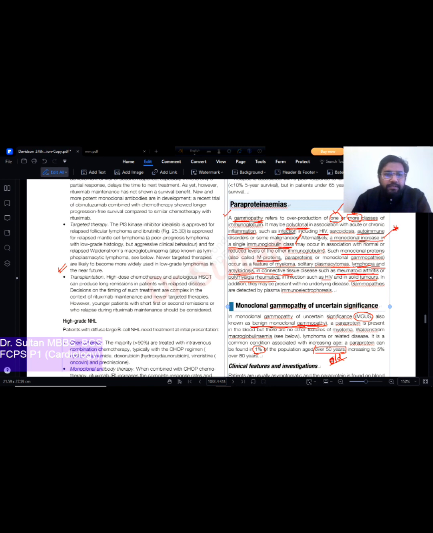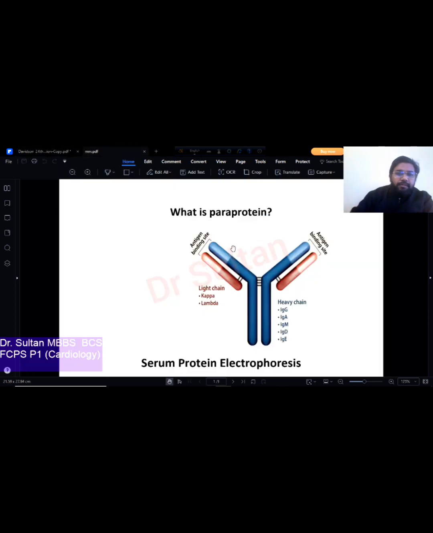How these similar diseases present and how you can differentiate them is very challenging in clinical practice. So first we'll make this confusion clear. Before we jump into the main section, we'll have to know some basics regarding paraprotein.